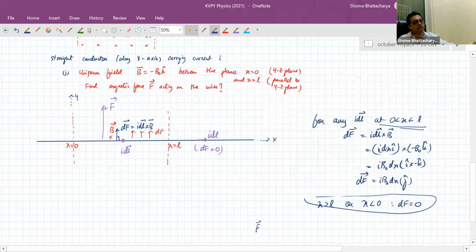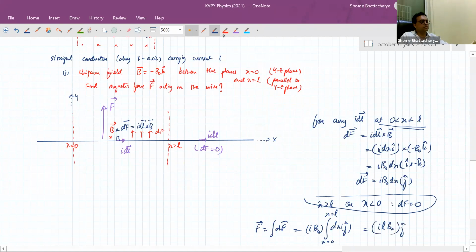So the net force is going to be the integration of dF. When you're doing the integration, you can see I B naught into integration of dx, and the unit vector is J cap, going from x equal to 0 to x equal to L. So very simply, it is I L B naught, but the direction is J cap.